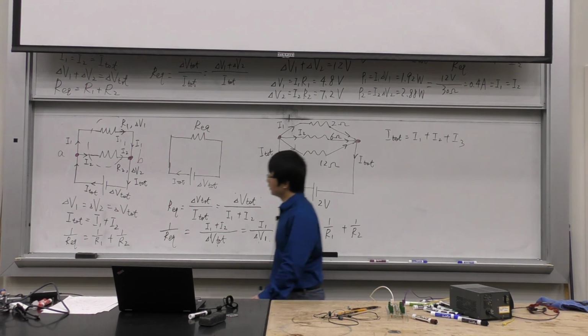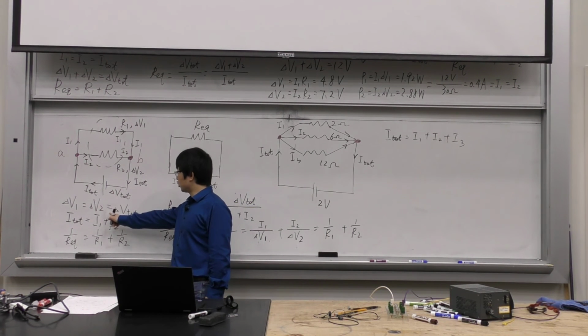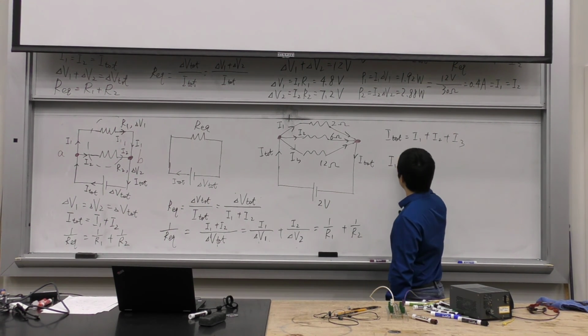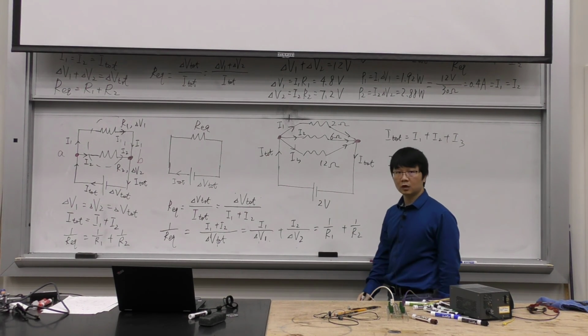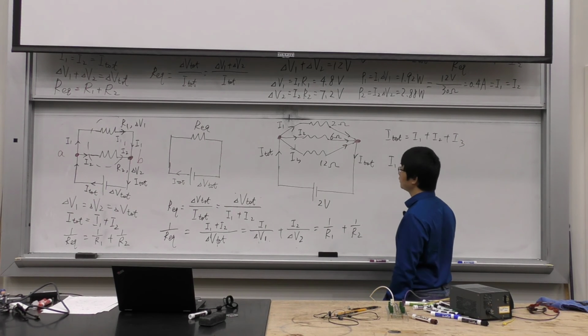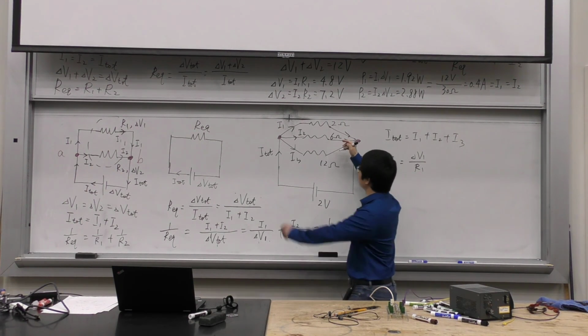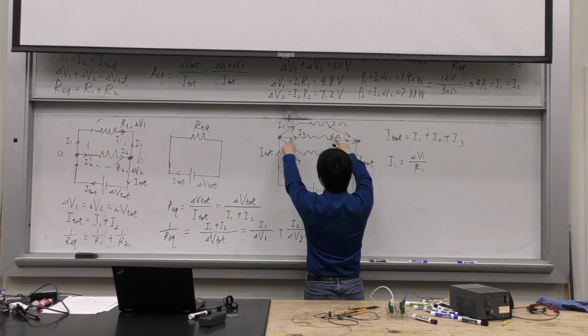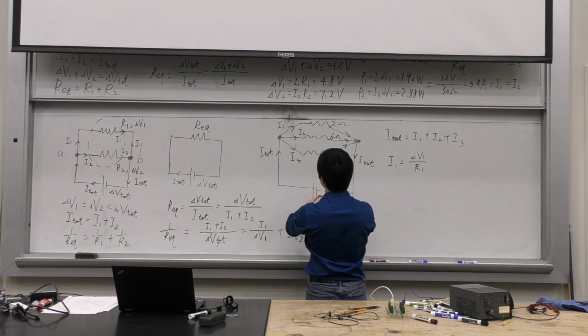That's when we use the relation among these voltages. If I want to find I1, I can use Ohm's law, which is just going to be V1 over R1. And what is V1? Well, you see R1 is directly connected to the 2 volts. R2 is also directly connected to 2 volts. R3 too.